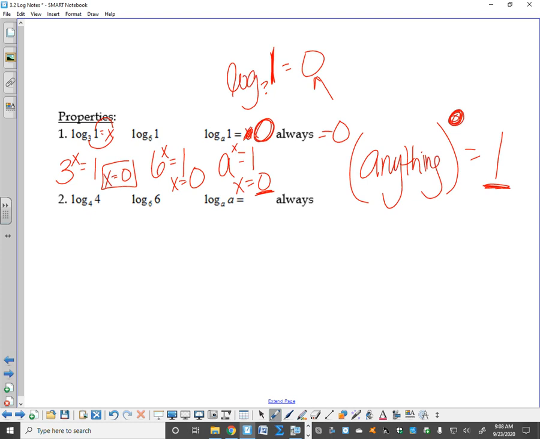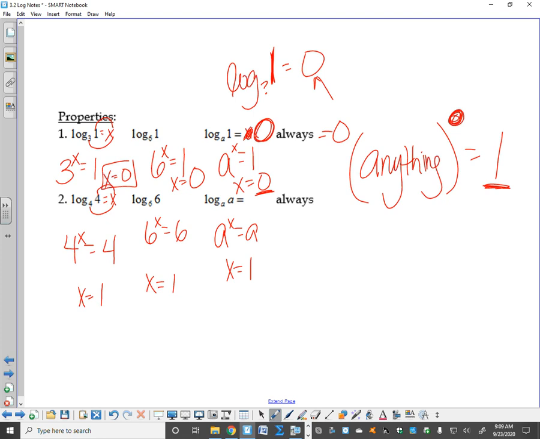Okay, and then check out number 2: log base 4 of 4, log base 6 of 6, log base A of A. Well, let's snail this. If I set that equal to x and snail it, 4 to the x equals 4. What does your power need to be? It needs to be a 1. I need to raise it to the first power. 6 to the x equals 6, x needs to equal 1. A to the x equals A, x needs to equal 1.